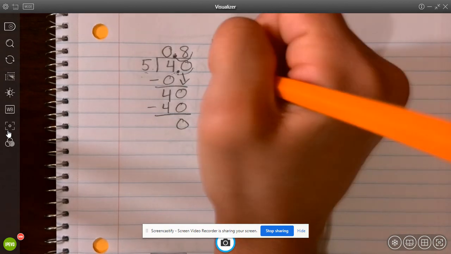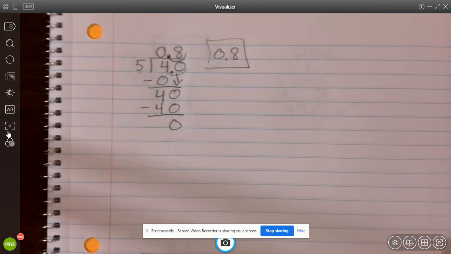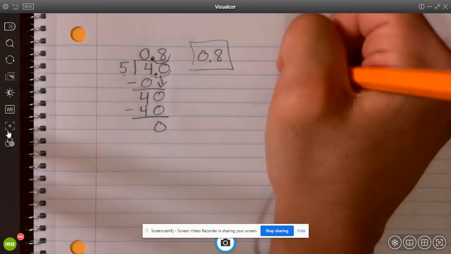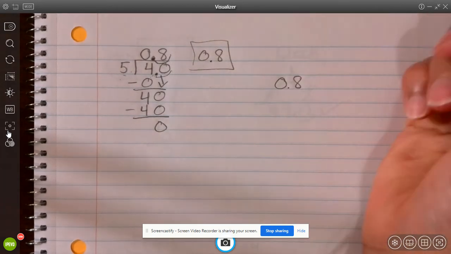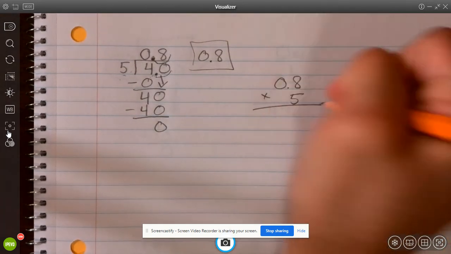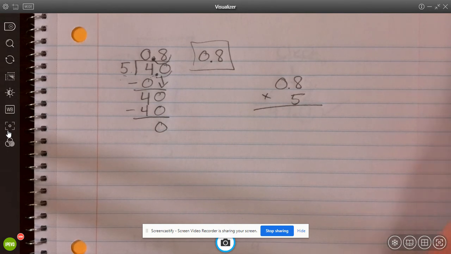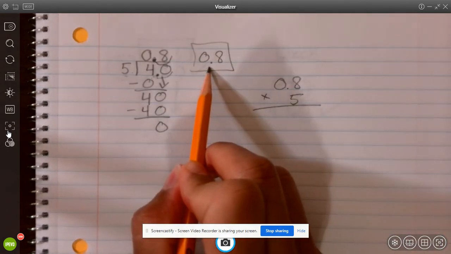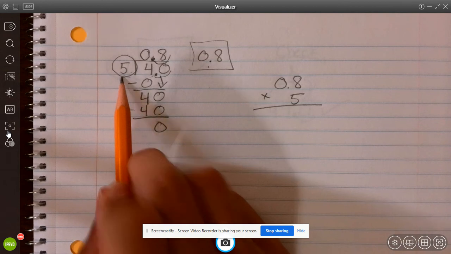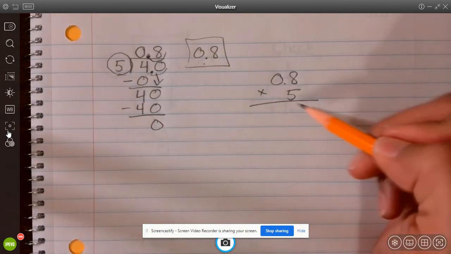Let's check to verify that this is the correct answer. We get our quotient, 0 8/10, and we multiply it by our divisor, which is 5. 8 times 5 is 40.